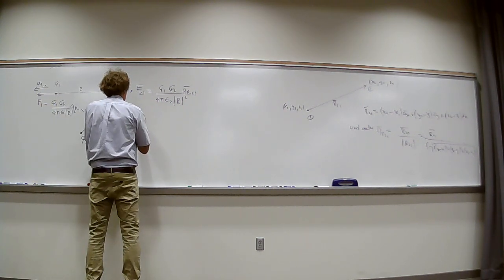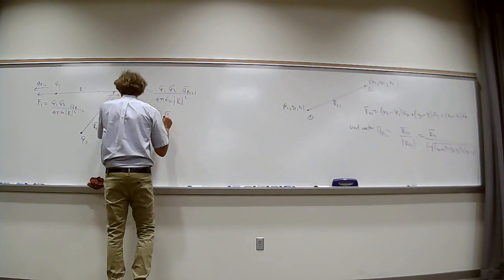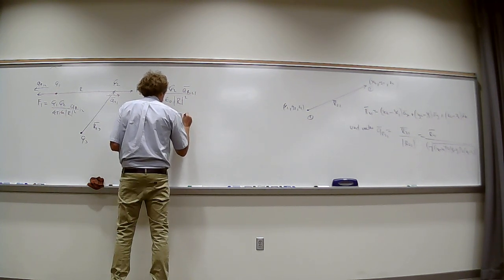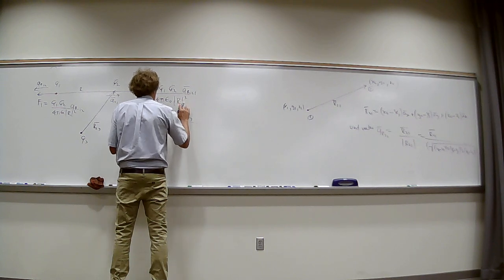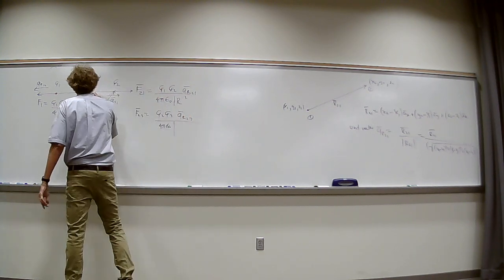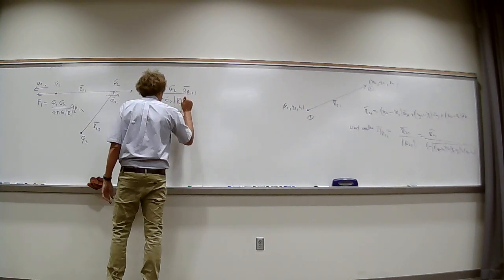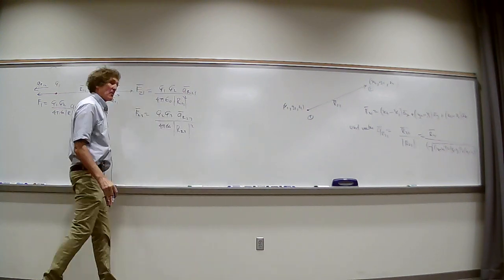I can say F2 caused by 3. Now it's going to be Q2 times Q3, times AR23 over 4 pi epsilon naught, magnitude of R23 squared. Do you all follow me?